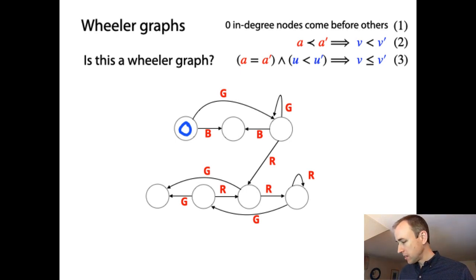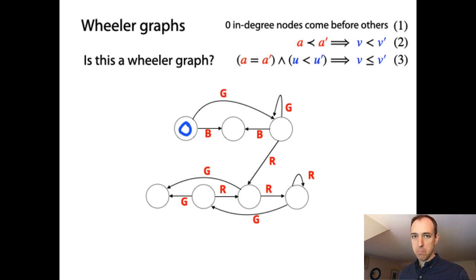So let's take a look at Rule 2, because Rule 2 is going to give us some broad information about how the rest of the nodes need to be ordered. Because Rule 2 says that if two edges differ in their label, then the destination of the one with the smaller label has to be less than the destination of the one with the larger label. So the next bunch of nodes in the order are going to be the ones that are pointed to by the low alphabetical letter.